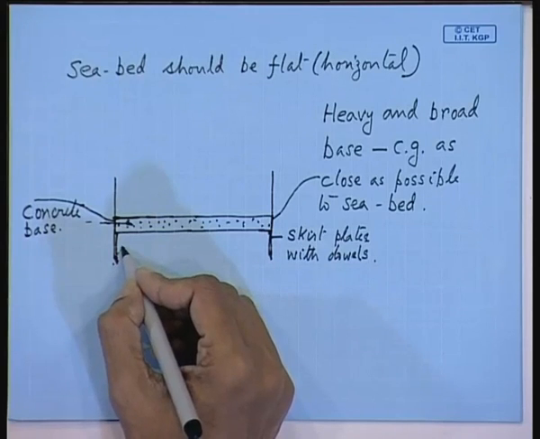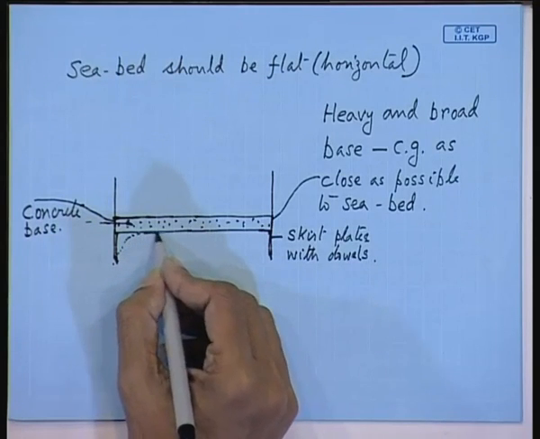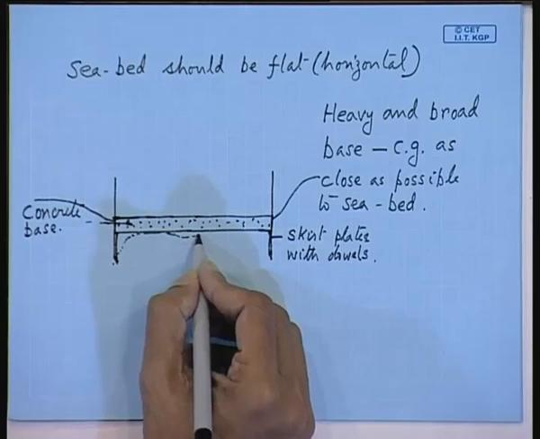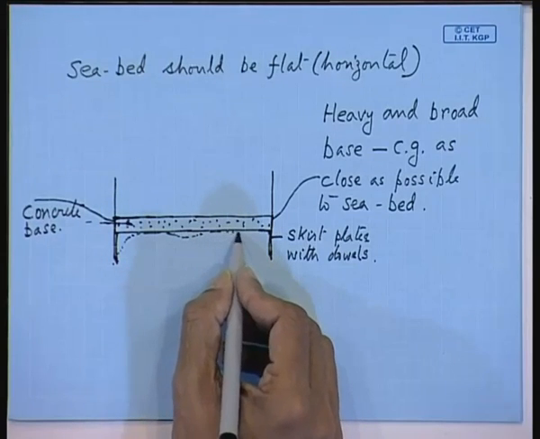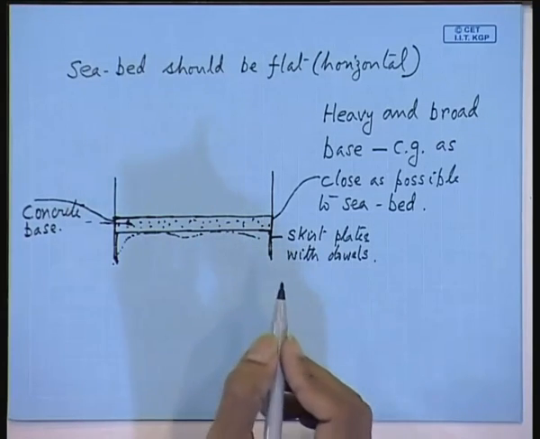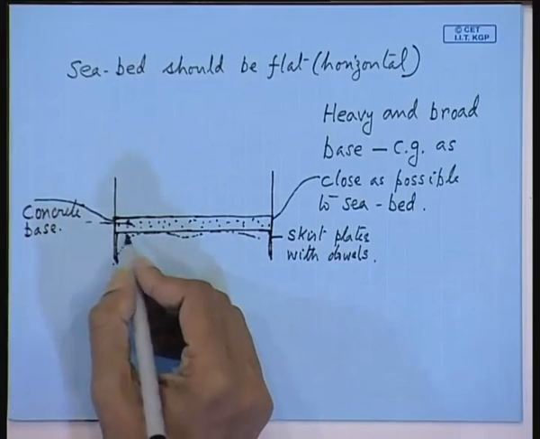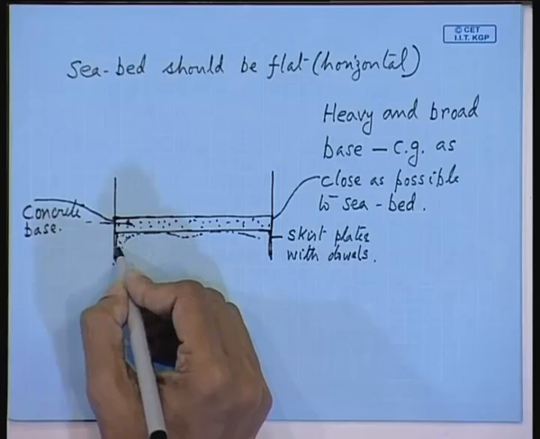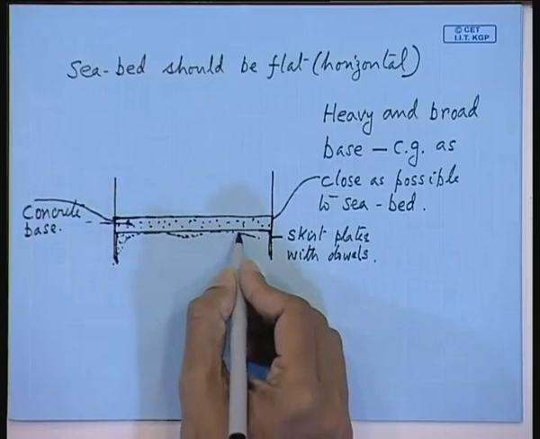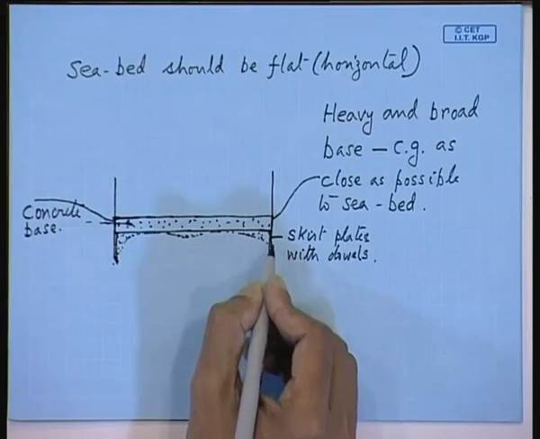Now, here you will find a lot of soil, but there will be gaps. So, these parts are void spaces, and you grout these parts with concrete after you locate this structure.